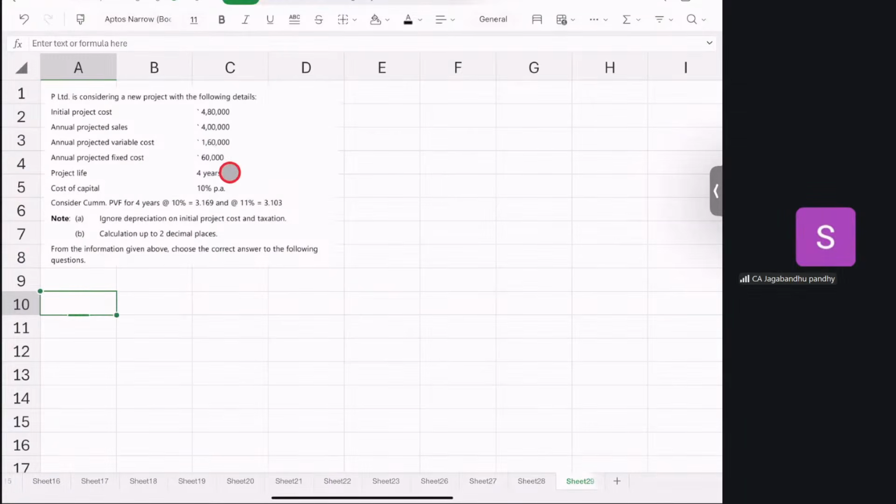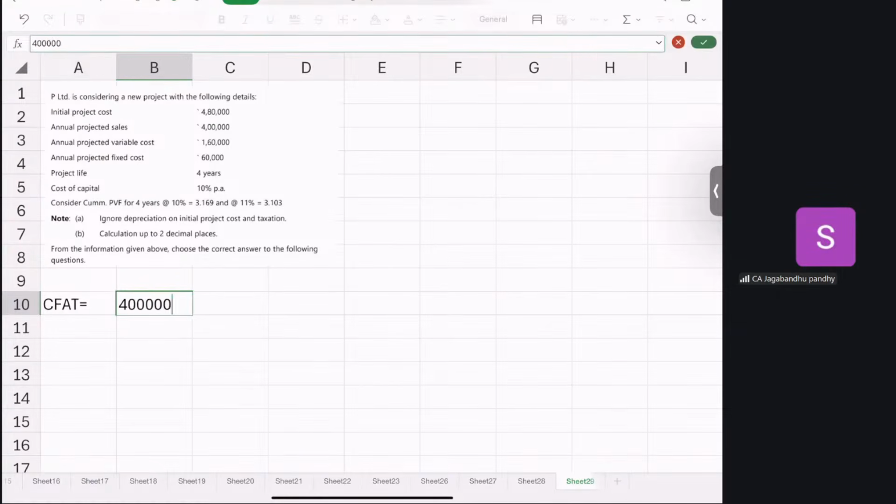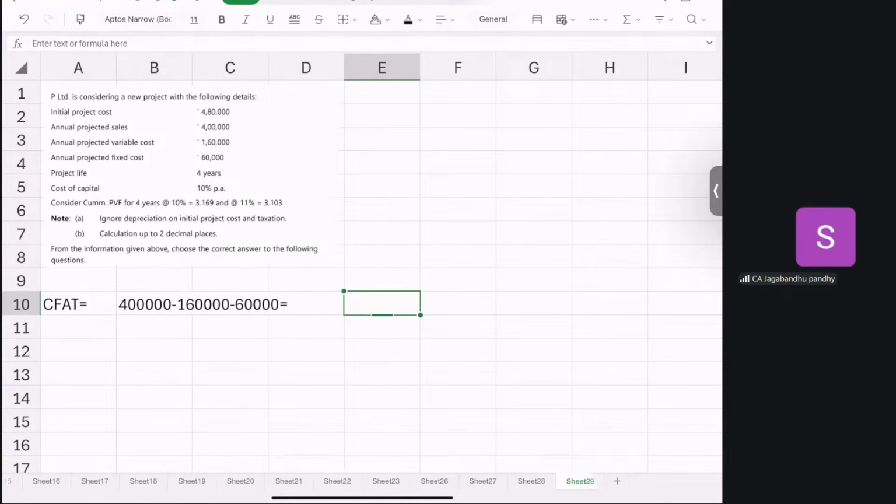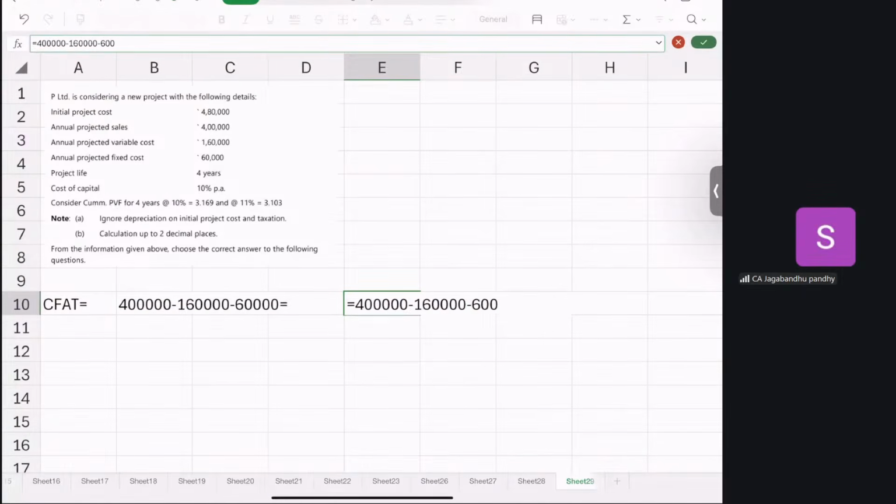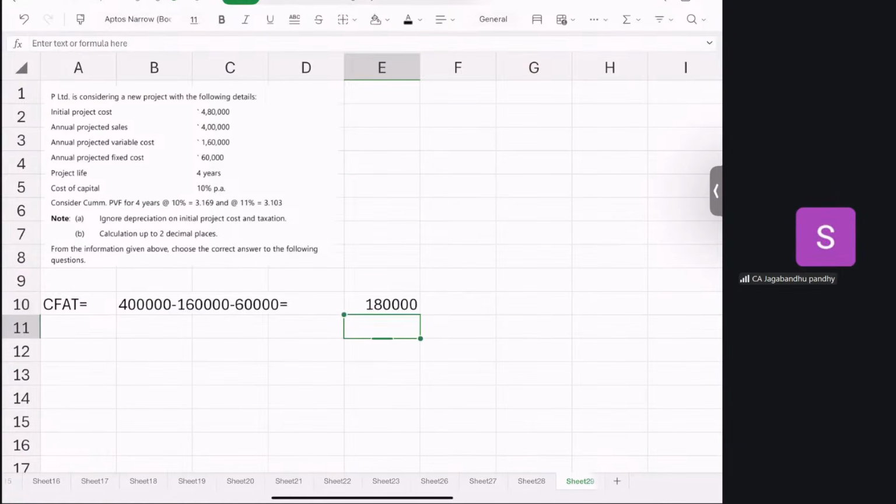So let us say CFAT calculation. Sales is 4 lakh minus 1,60,000 variable cost minus 60,000. So this is 4 lakh minus 1,60,000 minus 60,000, 1,80,000. So that's your cash flow after tax, 1,80,000.